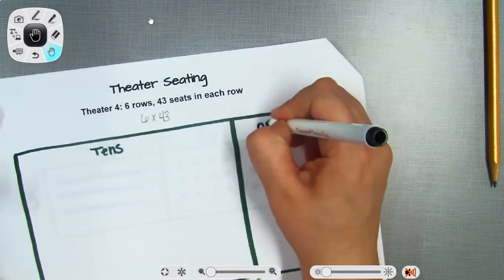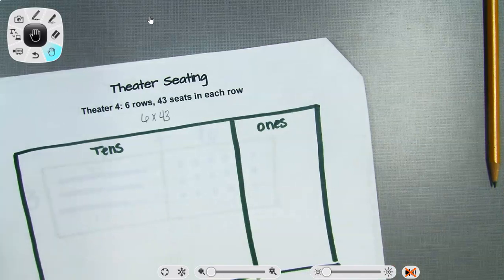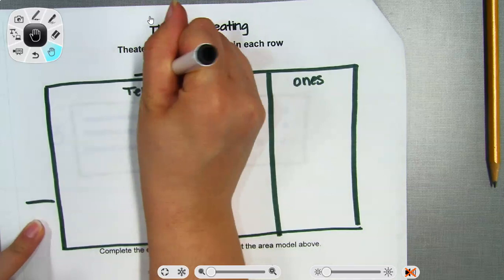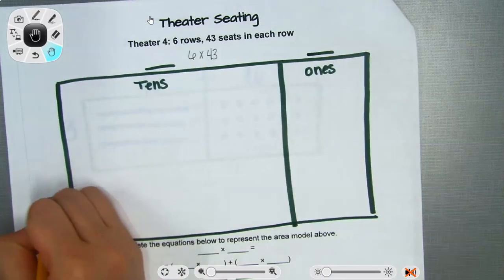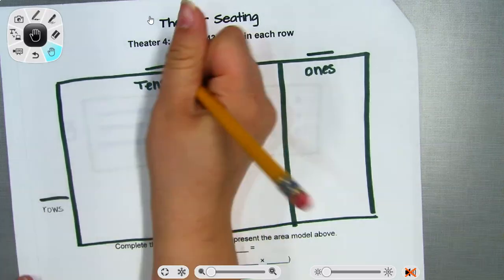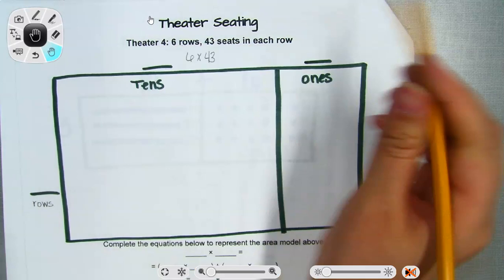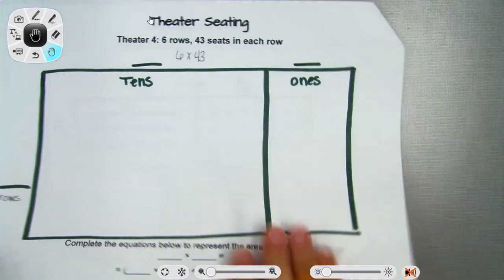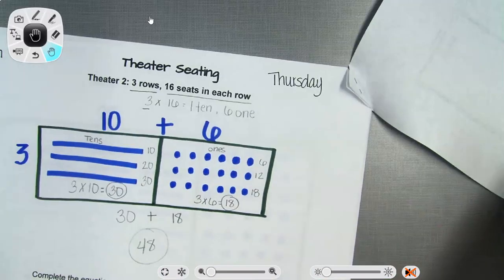Here you're going to put your ones. And you need to make sure how many rows. This is the tens and this is the ones. Okay. So this is your rows. This is how many tens are in each row and how many ones are in each row. Okay. Remember, look at your other ones we did together to help you.